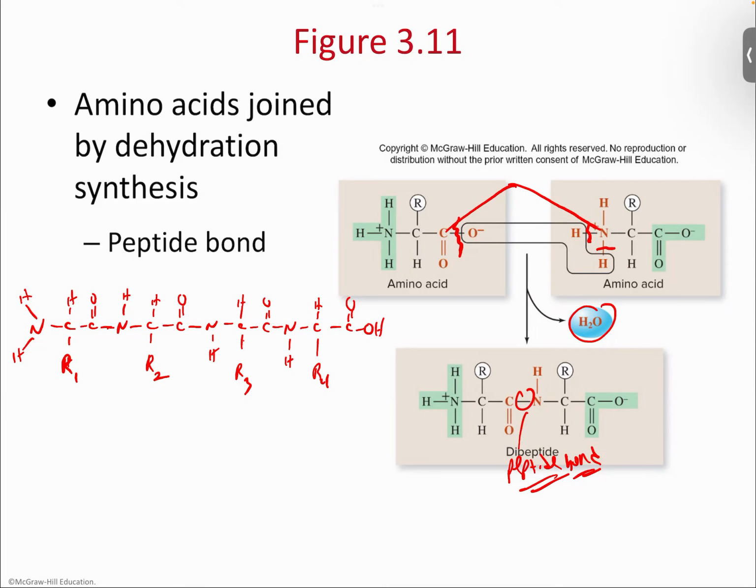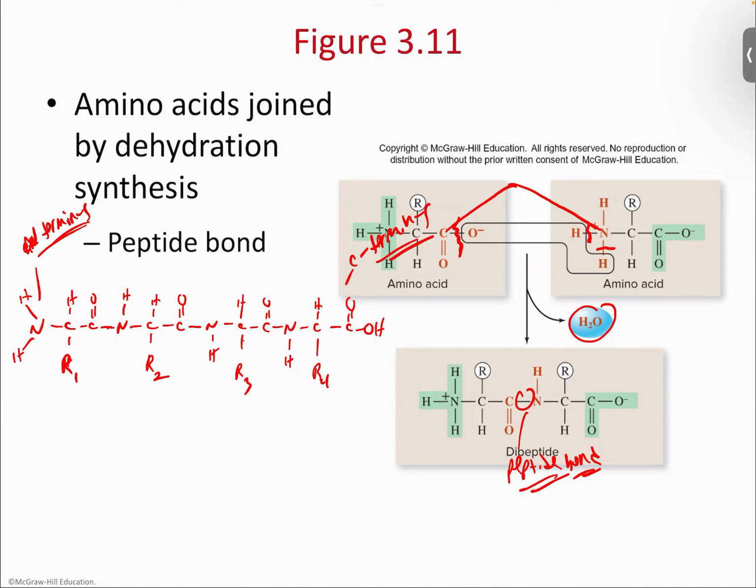So you notice on one end of your chain, you have an amino group. We call this the N-terminus, in biochem speak a lot of times. And of course, on the other end, you've got your carboxyl group, which we refer to as the C-terminus or the carboxyl terminus.